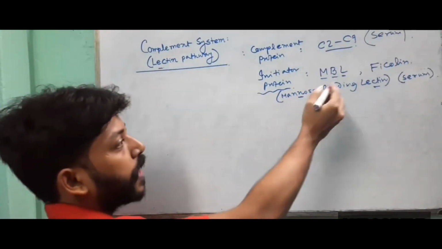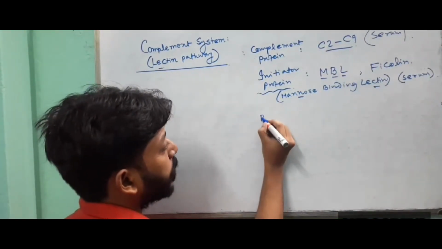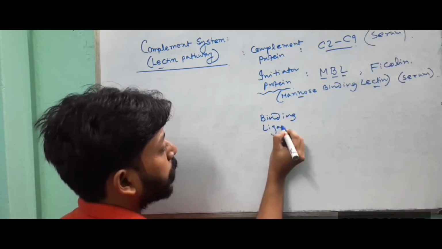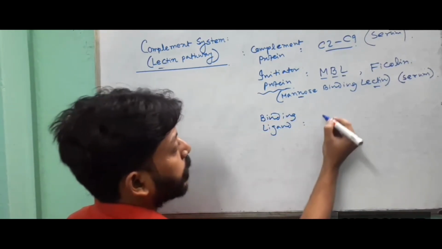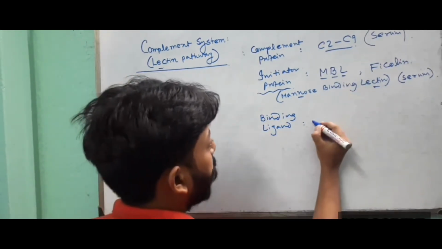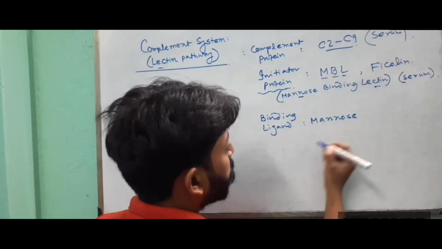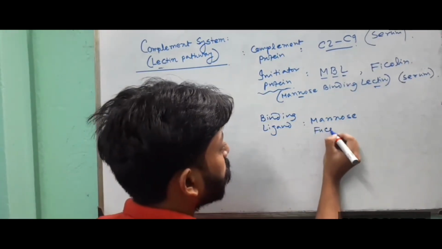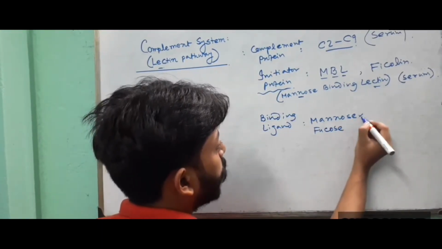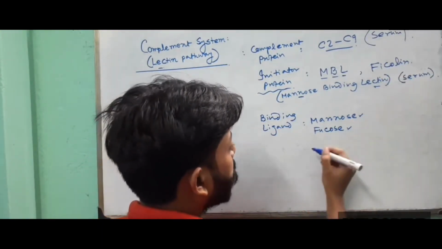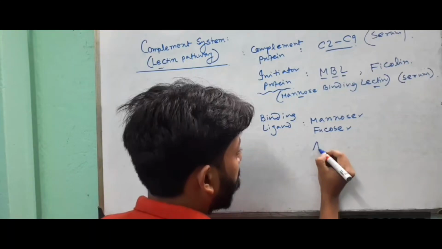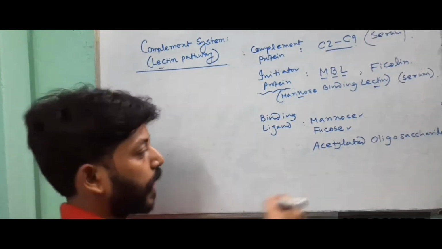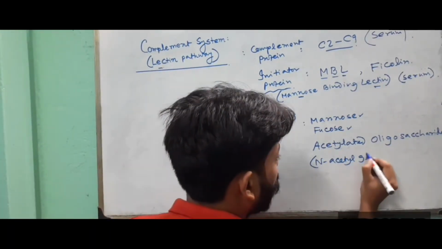The binding ligands of these two molecules are as follows. MBL, mannose binding lectin, can bind with mannose and fucose sugars present in the cell wall of bacteria, having high affinity for mannose and fucose, and ficolin can bind with acetylated oligosaccharide, like N-acetyl glucosamine.